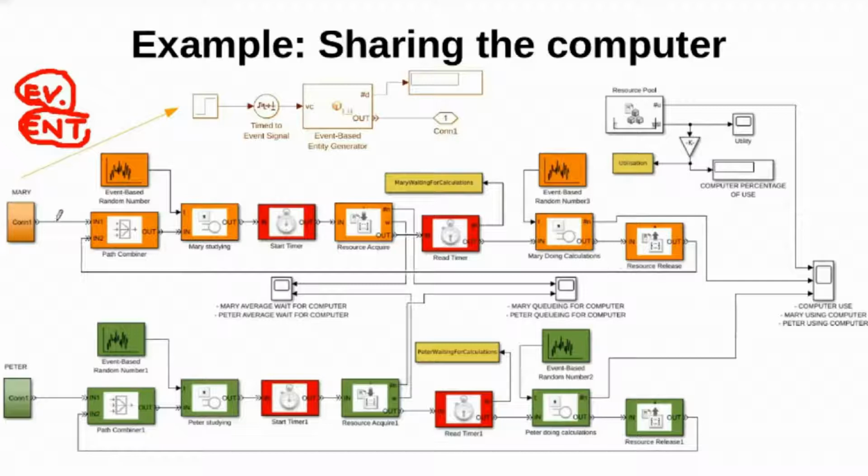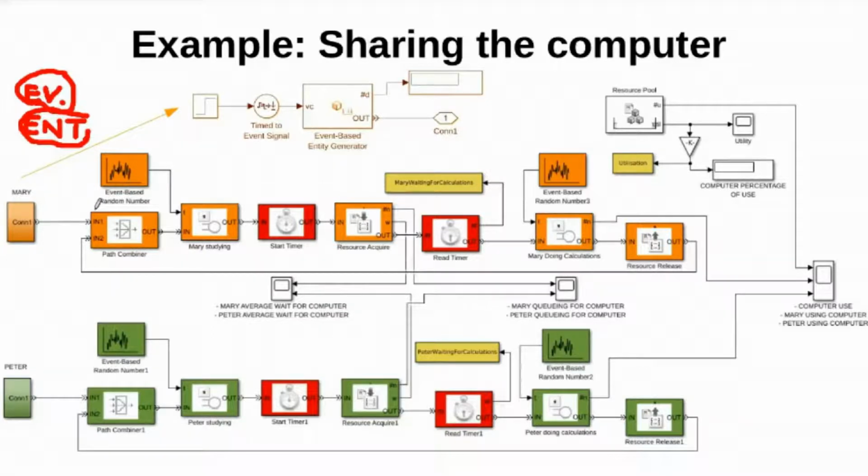At the end, entities are the tokens in a Petri net. And the events will be the changes in the state of the system. And remember, these changes in the system, these events, will obey random numbers, okay? Will obey probability density functions.